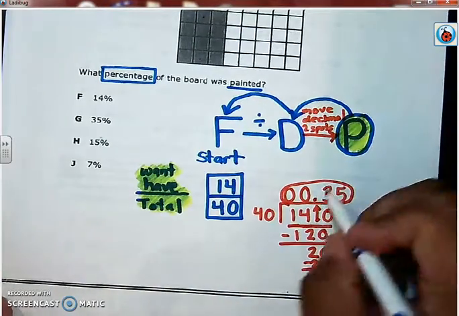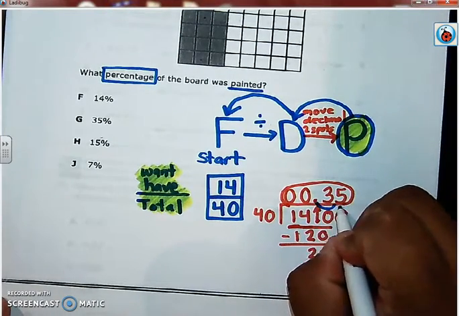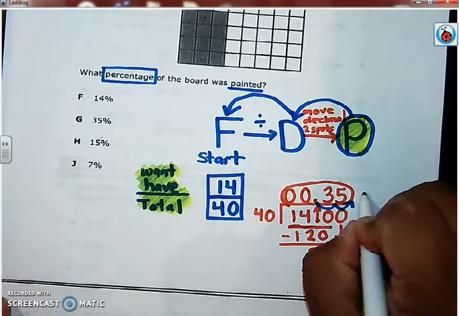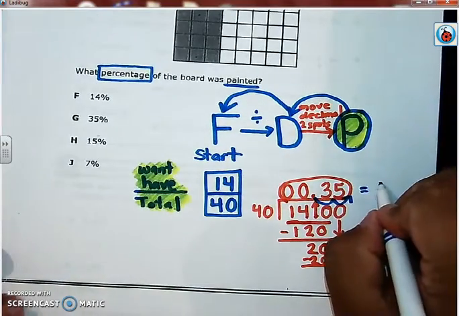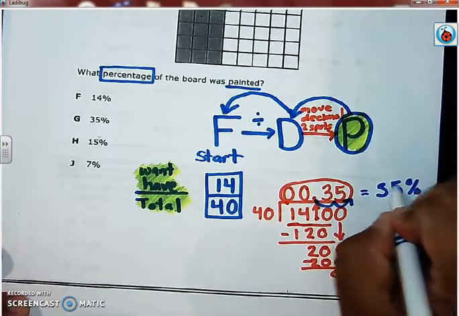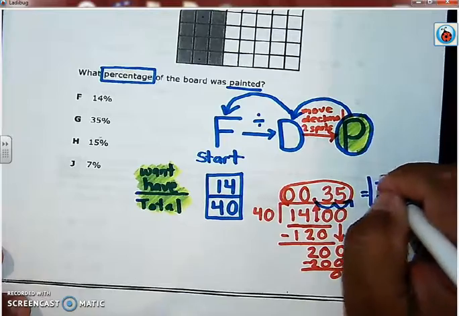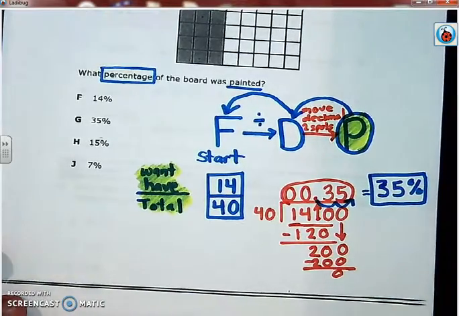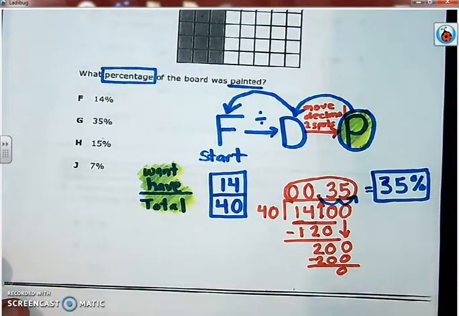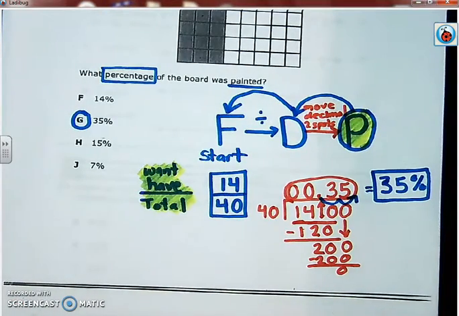Let's switch our decimal, 0.35, to a percent. 1, 2. So my percent will be 35%. Which, when we compare it to our answers, we're looking at letter G, 35%.